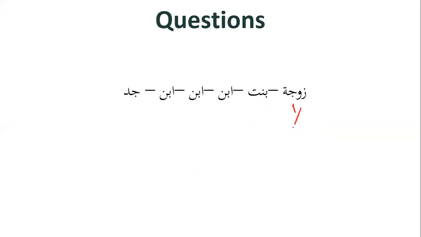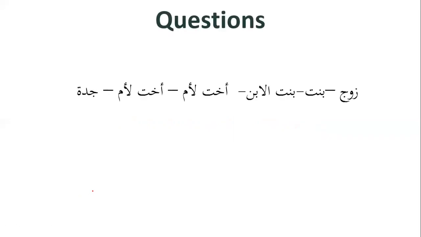In this situation, zawja will receive 1/8. Jad will receive 1/6. The Bint Ibn will receive asaba. In this situation, zawj will get a quarter. We have Bintul Ibn, which we haven't covered. So bint will receive 1/2. Ukht li ummin mahjub.